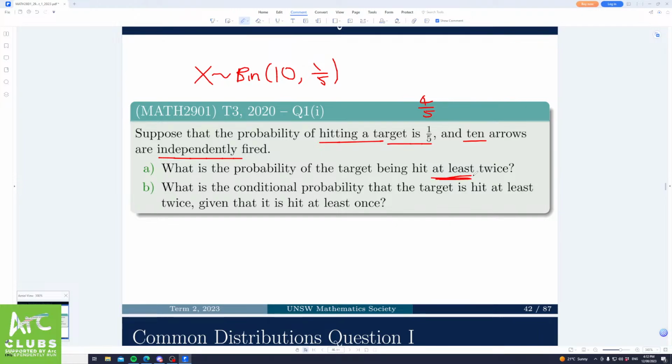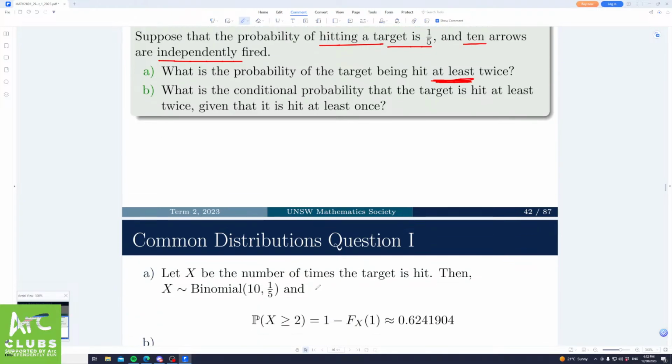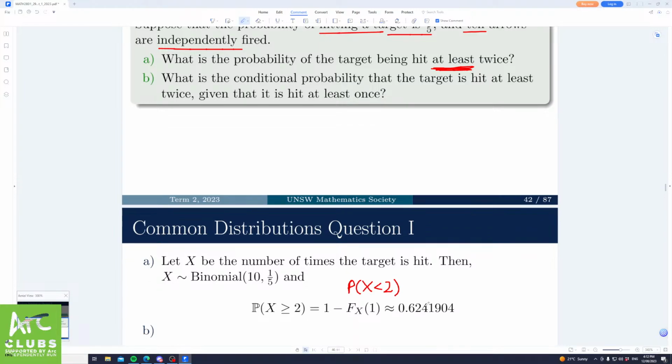Well, this phrase "at least" suggests we should be thinking about the complement. And so the probability that we hit the target at least twice would be 1 minus the probability we hit the target less than 2 times.